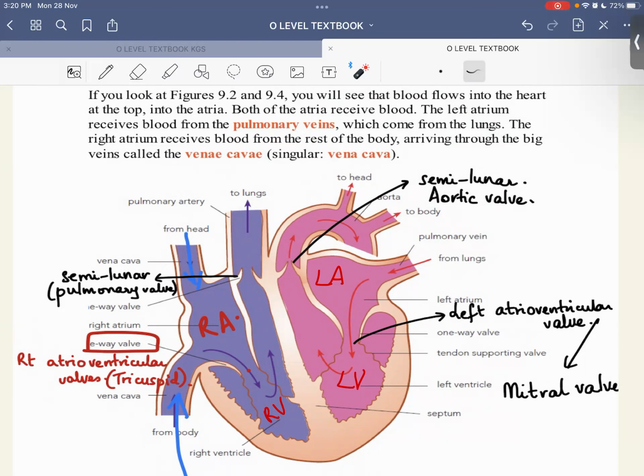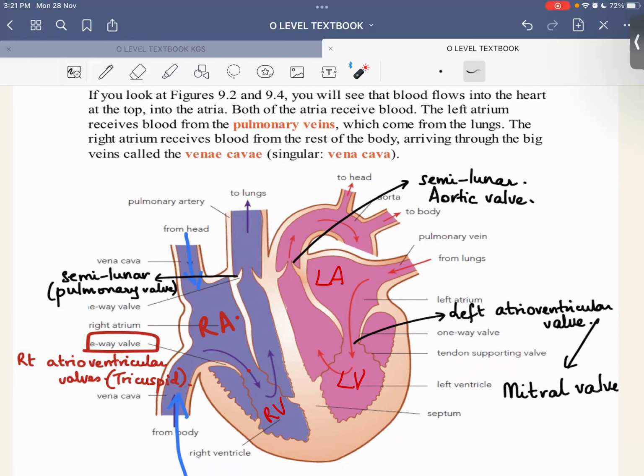So all these valves make sure that the blood always goes in one direction by opening and closing at the correct time. They will open only when the blood needs to move forward, and they will close when we want to prevent the backflow of the blood. So they help in preventing the backflow of the blood.